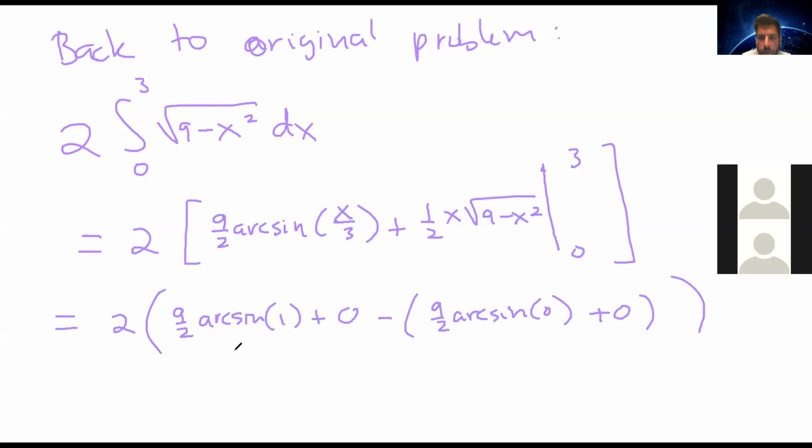One of the things most students struggle with is these arc sines. I like to read them as the angle whose sine is. So this is the angle whose sine is 0, which is just 0, and this is the angle whose sine is 1.